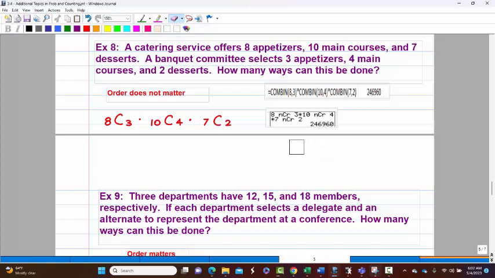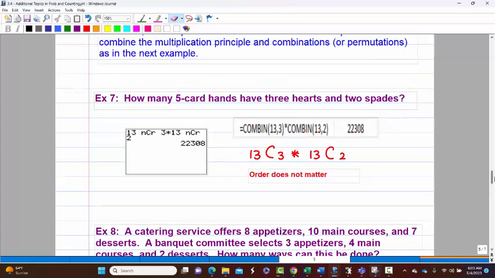So the order doesn't matter. You're just choosing 3 of them. They're not in a specific order. So there are the 3 combinations in the calculator multiplied together. And here it is, 8 nCr 3. But like I said, yours will look probably fancier in the calculator. 10 nCr 4 times 7 nCr 2. It'll put those little subscripts in there like I was showing you.